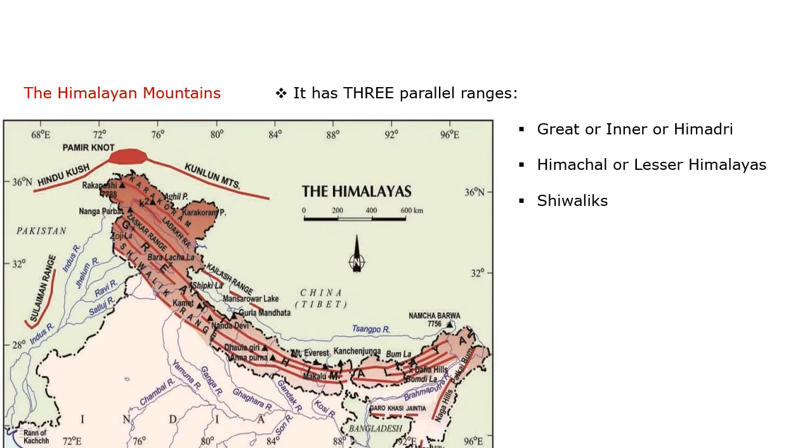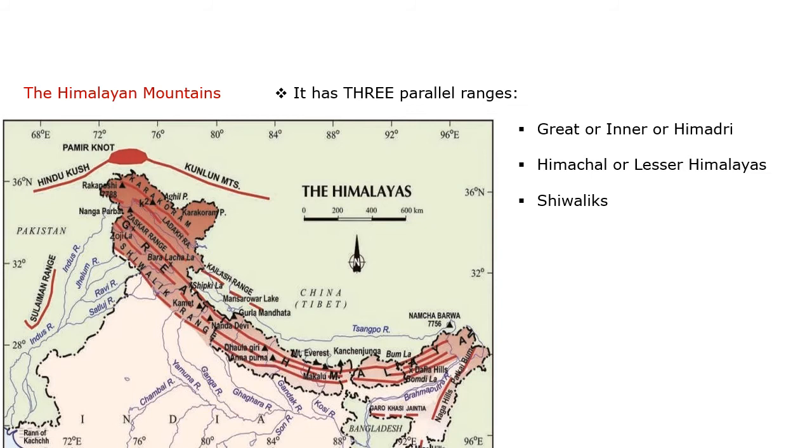When we come to the Himachal or Lesser Himalayas, they lie towards the south of Himadri. These are highly compressed and have altered rocks. The height of these ranges is from 4,500 meters to 3,700 meters. The width of Himachal is 50 kilometers.